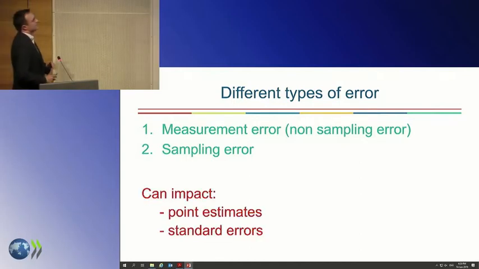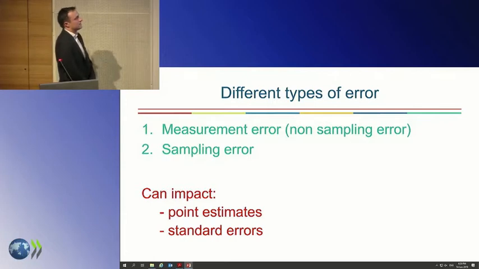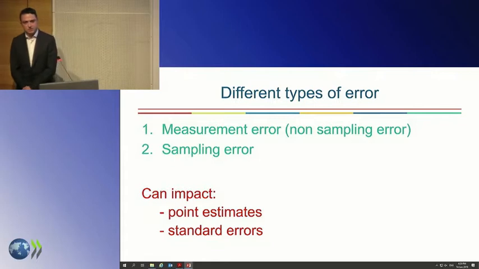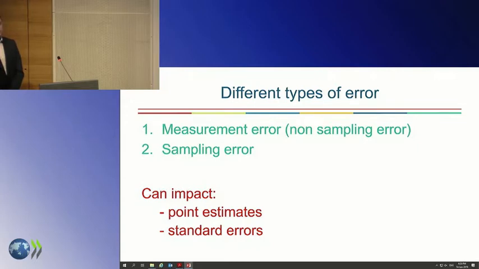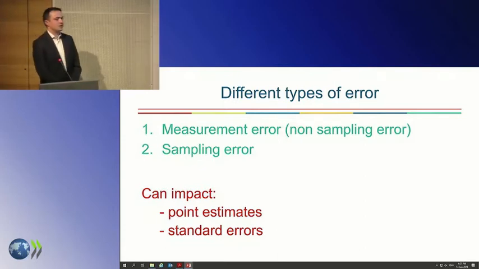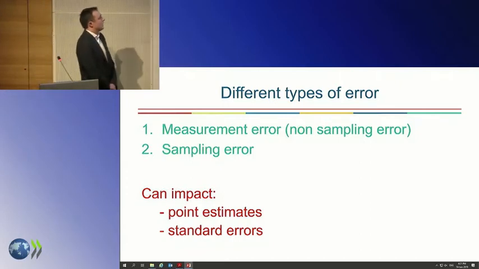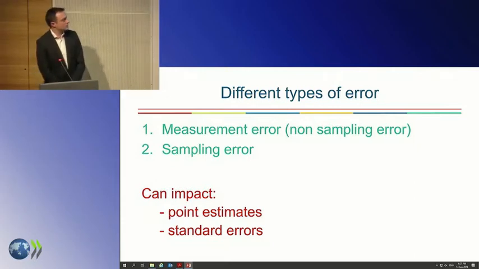This type of error can impact point estimates, and that's what we talked about this morning, meaning what kind of bias can be caused by the latent variable model, the population model, and so on when we use them in secondary analysis. What we did not really talk about this morning was the impact on standard errors.